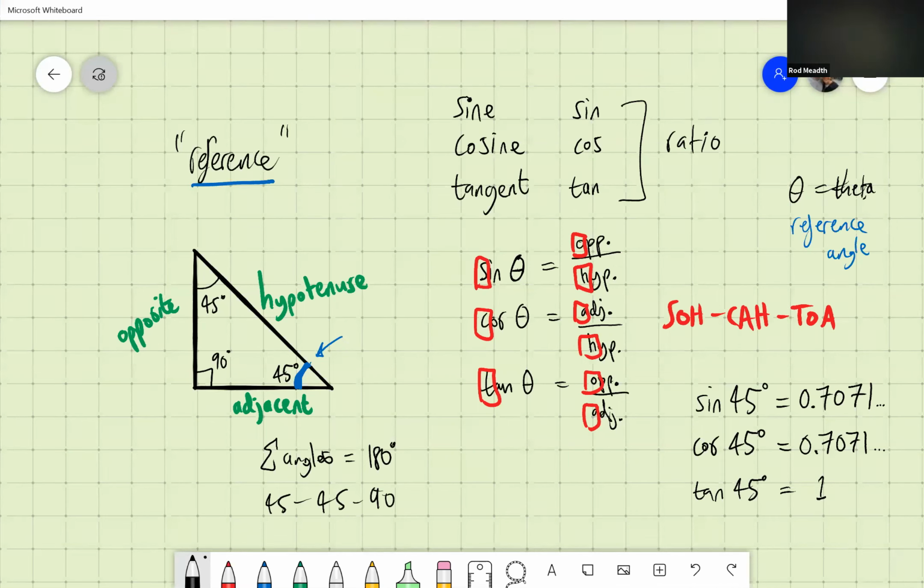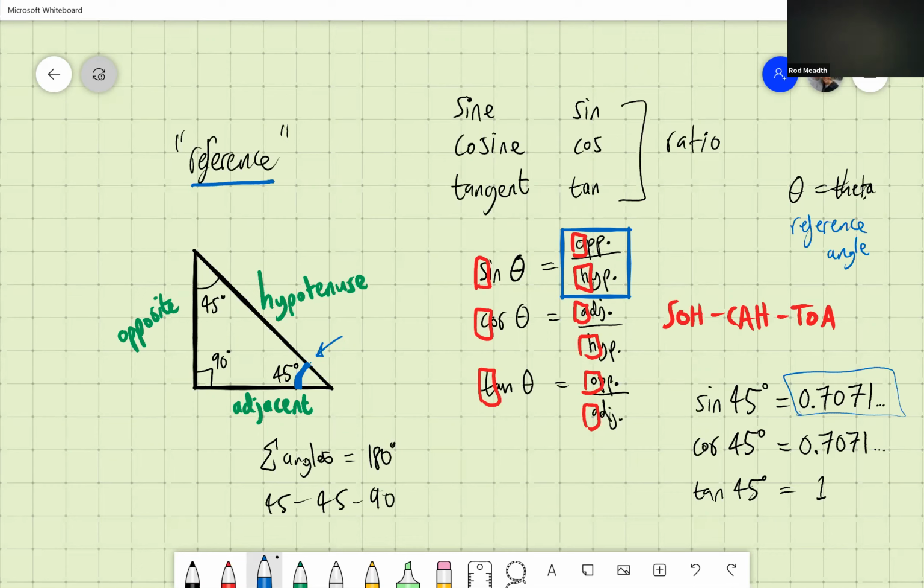Okay. So what this is saying is that 0.707, let's start with that one. 0.7071, that is the ratio between, I'm going to box it right here again for you, between the opposite side and the hypotenuse of this particular triangle.